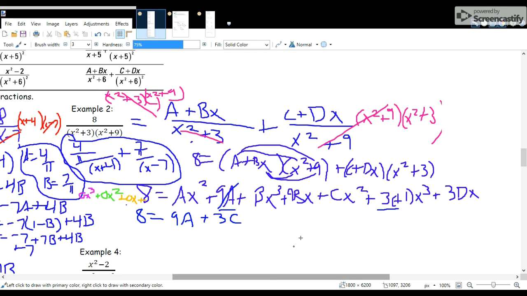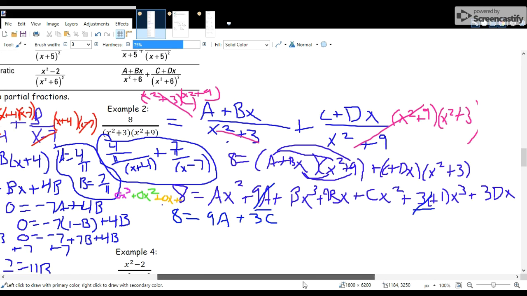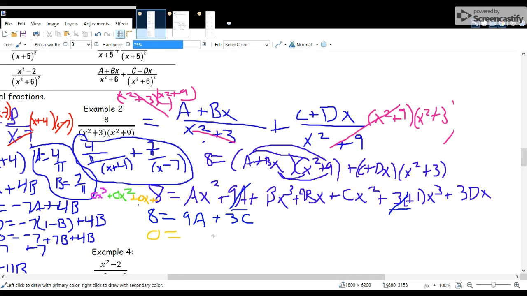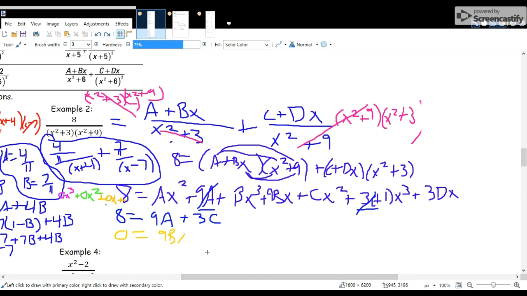And we'll go ahead and move on to the second one, our x's. So we have 0 equals 9bx, or just 9b actually, 9b plus 3d.